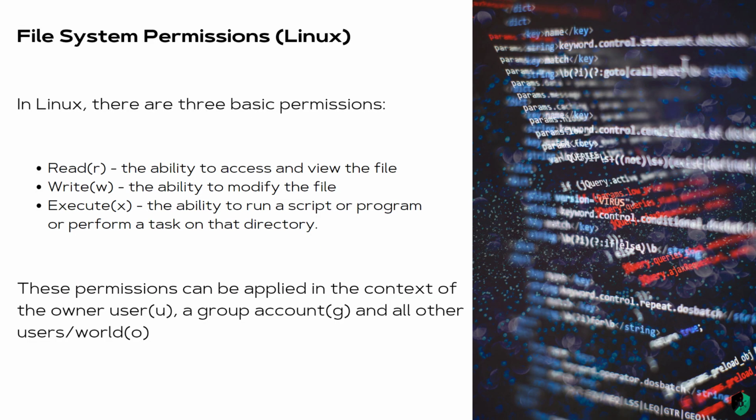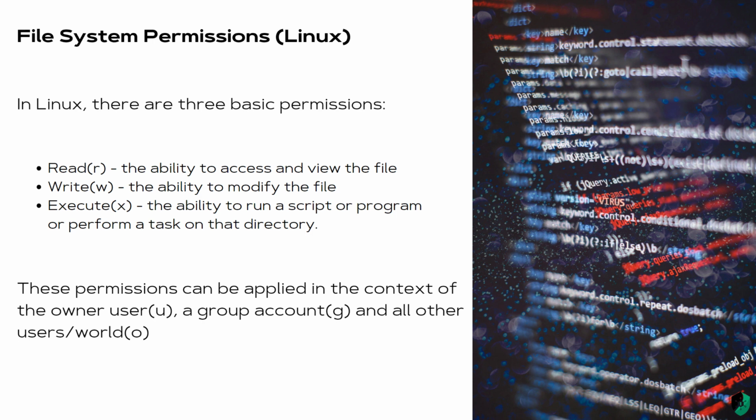Now, under Linux, users can be given three different types of permissions. They can either read, write, or execute. Read, represented by R, means they can access and view the file. Write, represented by W, means that they can modify the file. And of course, execute, represented by X, means that they will have the ability to run a script or program or even perform a task on that directory.